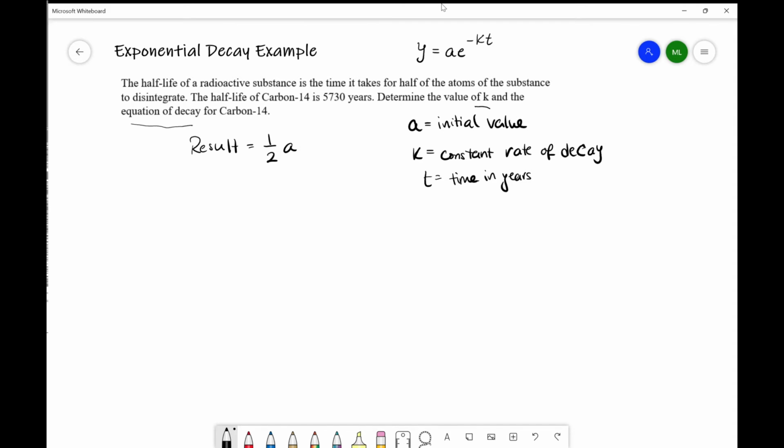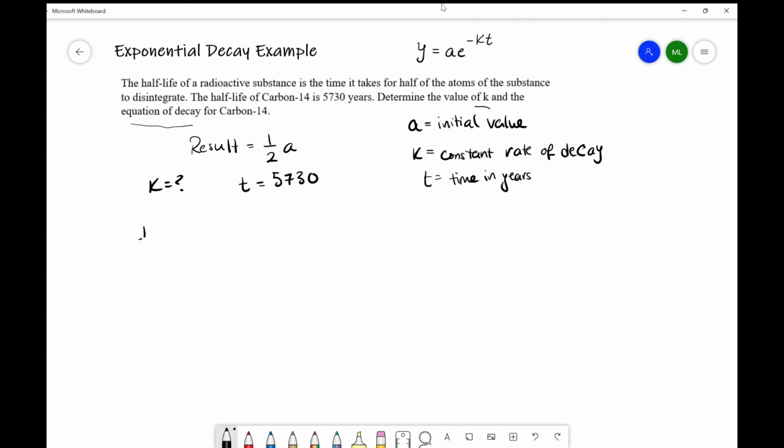So the result is equal to half of our initial value, in this case half times a. We're going to let that be the function. And then e, and then k, and then our t. k is our unknown here, which is what we're trying to find. t is the time in years, and they tell you the half-life happens at 5,730 years. So let's put these into our equation.